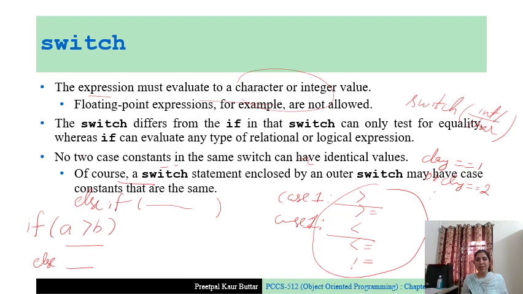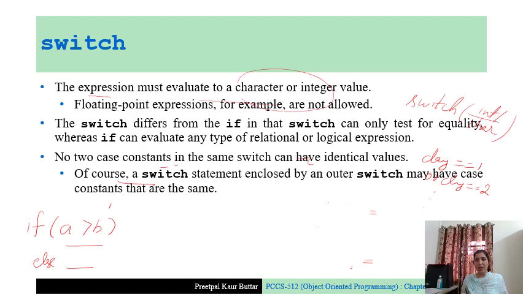Of course, a switch statement enclosed by an outer switch may have case constants that are the same. We can also have nested switches, that is a switch inside a switch. In that case we can have case constants which are common to both the switches.